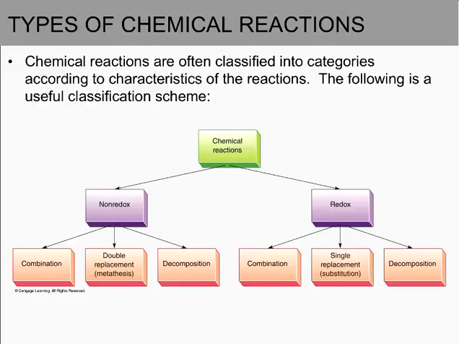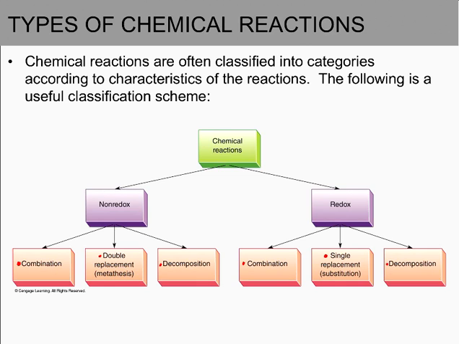Now, within each of those categories are further subcategories. So under non-redox, we have combination reactions, double replacement reactions, and decomposition reactions. Under redox, we also have combination reactions, single replacement reactions, and decomposition reactions.